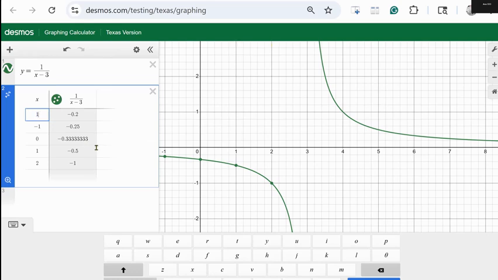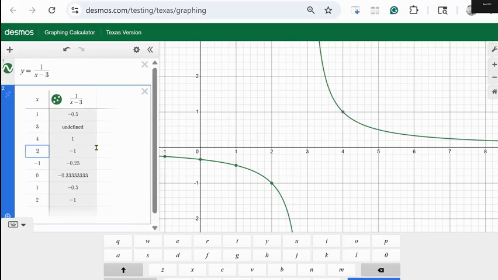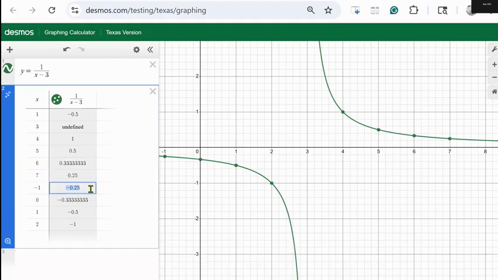I'm going to type 1, 2, 3, 4, 5, 6, 7, and so on. What can you see from the table? 3 is undefined. It's like imaginary or i. You know what I'm saying? That's the other way to find the domain of this graph. There's no value for 3.